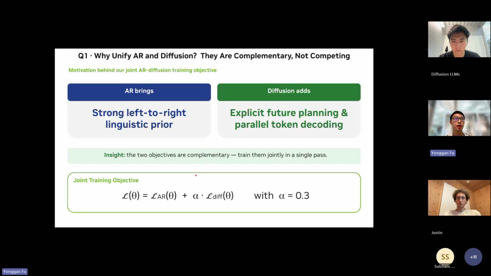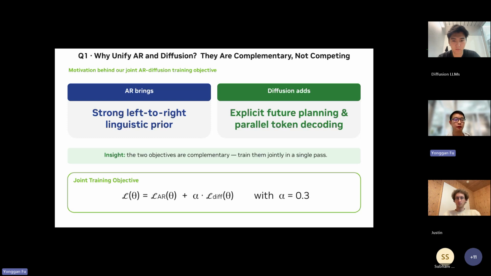Then our major goal is to use this model to study the answers to the 3 research questions. The first one is, what's the relationship between AR and diffusion? And our hypothesis is that these 2 losses can be potentially complementary instead of competing with each other. The reason is that we know AR models are already implicitly predicting the future, just like in a paper from Apple showing that your ARMs already implicitly know the future.